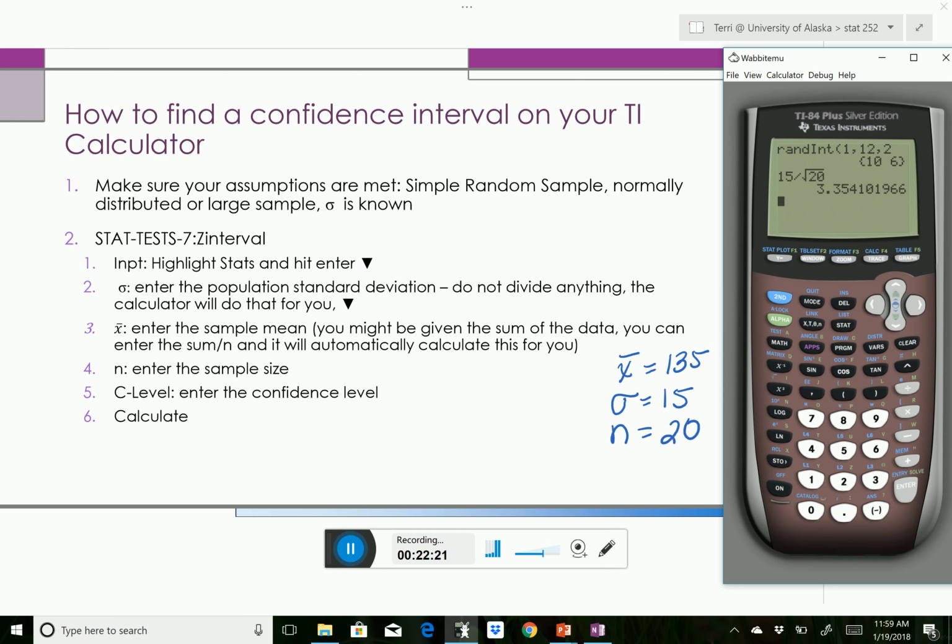We go to stat. You go over here to tests. It's not actually going to be a test. Now, those of you who have different calculators, this is the TI-83/84 series that I'm talking about here. If you have an 89 or Nspire, or a Casio, you actually do have intervals. You can find intervals in a similar place where you go to statistics.